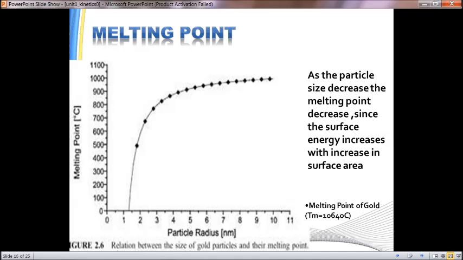But whenever you take a particle-like structure in the nanometer range, the melting point increases, because the tiny atomic particle can't be separated using heat, and so the melting point is very high for nanoparticles. That's given over here. Whenever the particle radius increases, the melting point also increases. So that's given over here.